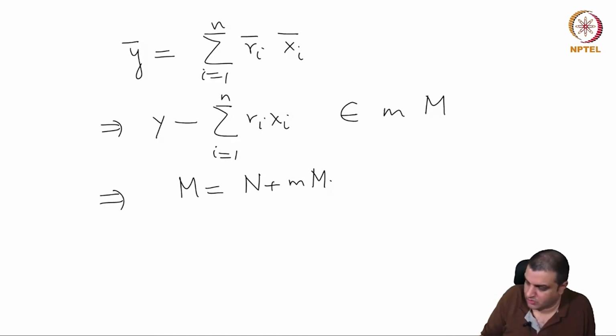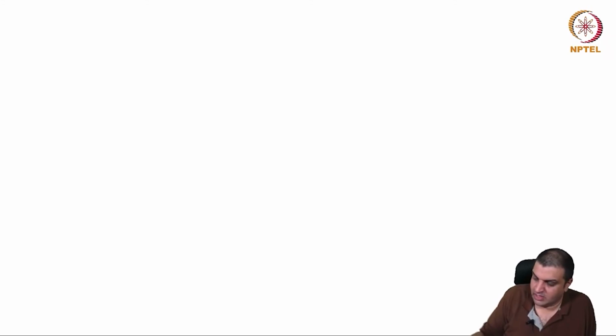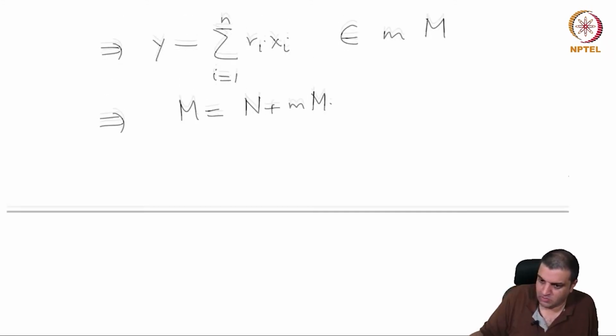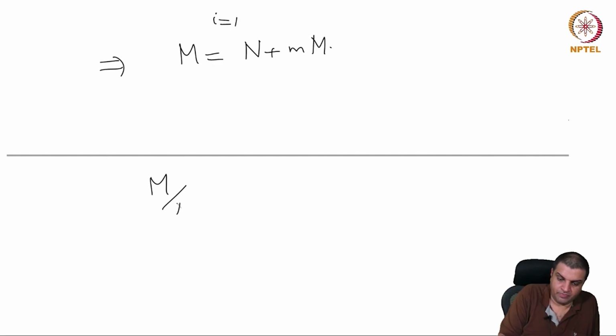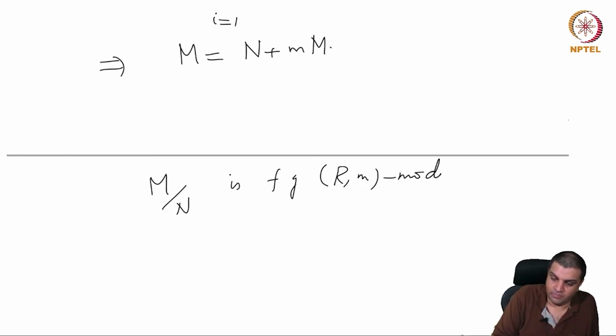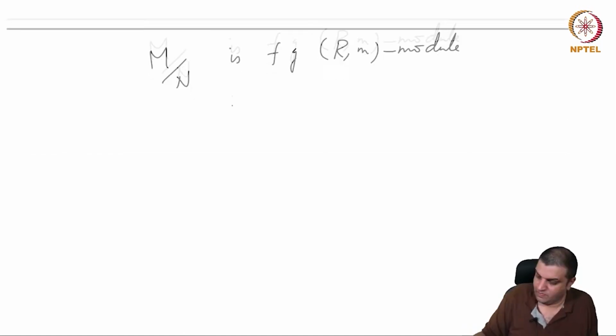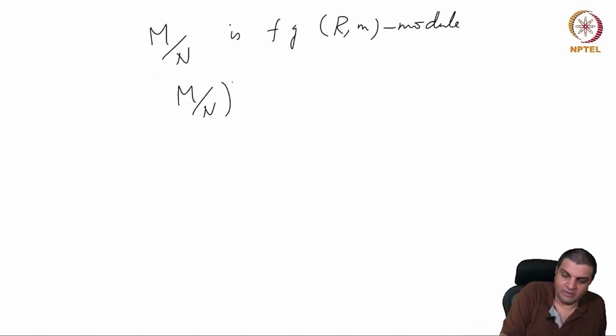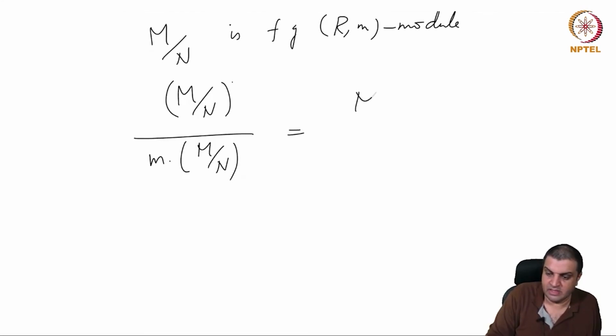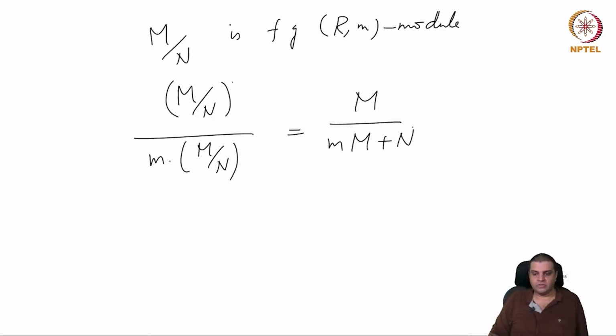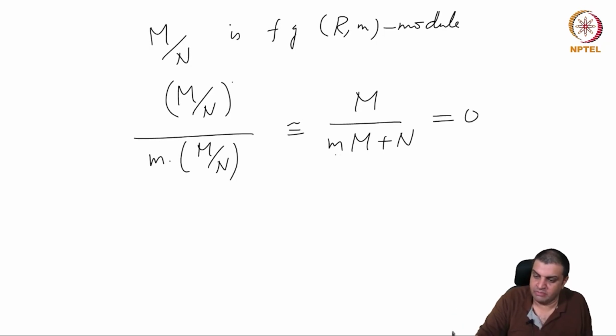So this is what we have. So where does Nakayama's lemma come to picture? Okay, so now let's consider M mod N, a finitely generated module over R. And if you multiply this by m, if you write m times M mod N, this is the same as (mM plus N) mod N, which is 0, since M is equal to N plus mM was the hypothesis.